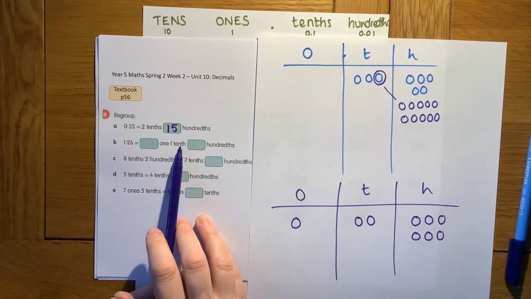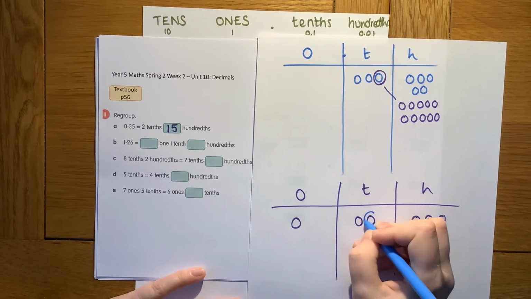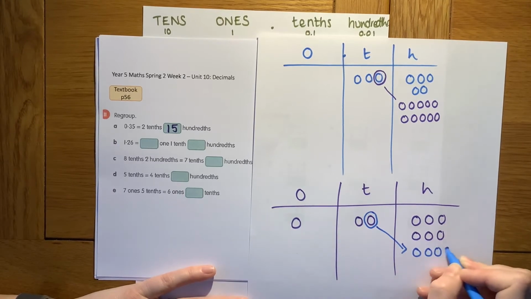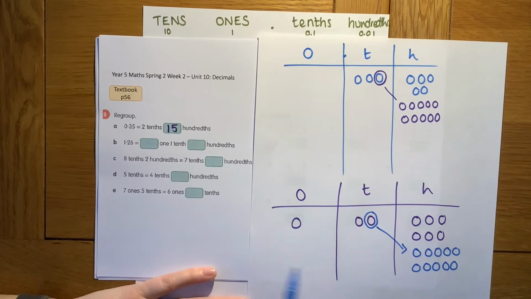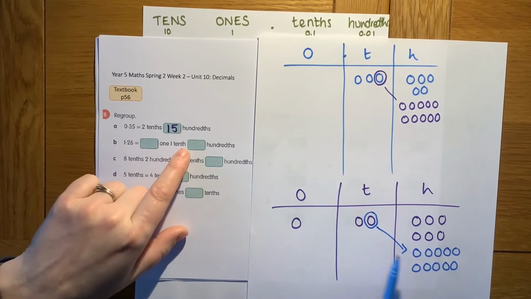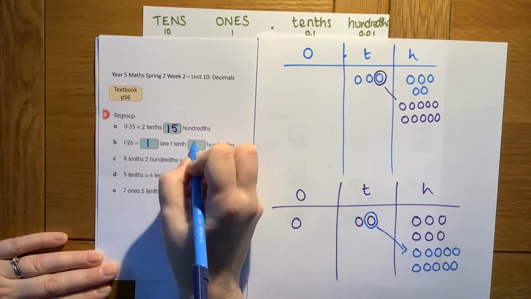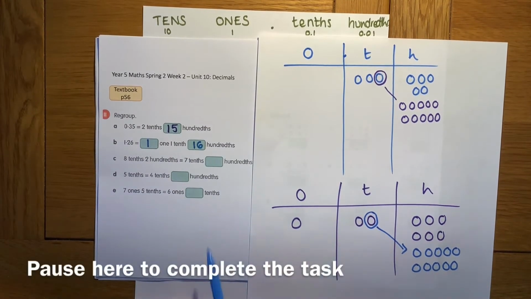We know we've only got 1/10, so we need to do something about this tenth. Let's regroup it into 10 hundredths there. And then let's see if that works. So we could have 1, 1/10, and 16 hundredths. That looks right to me. 1, 1/10, and 16 hundredths. There we go.